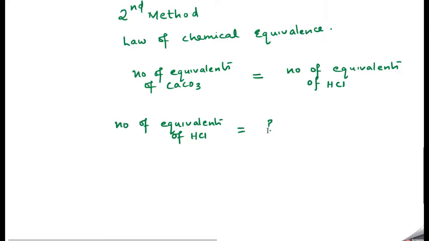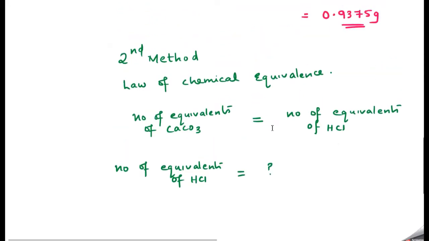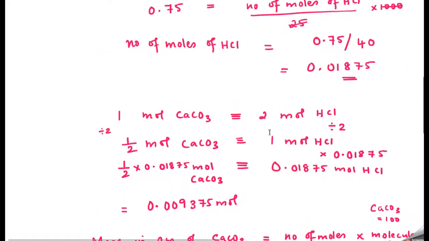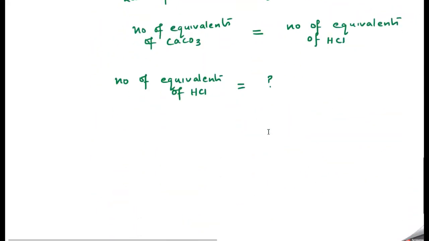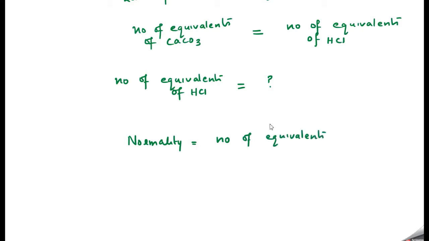For that, what they have given to you, molarity is given, correct? So molarity is given as 0.75 molar. Now number of equivalents is related with normality. We know that normality is equal to number of equivalents divided by volume of the solution.